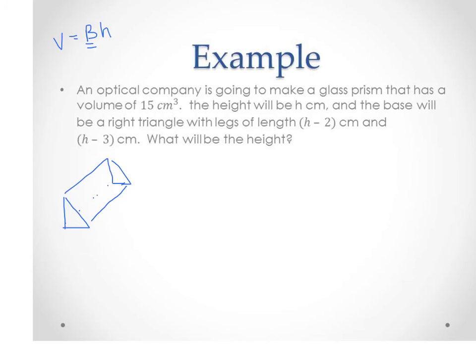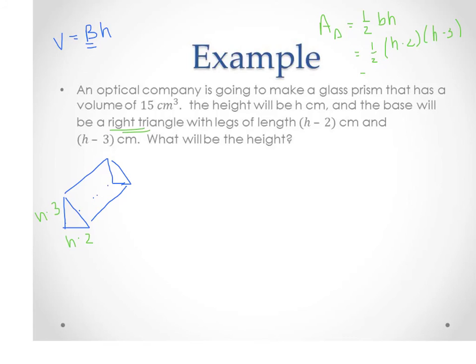So the base area is just going to be the area of a triangle. Well, the area of a triangle, 1/2 base times height. So we're looking at 1/2 times the base. Let's call the base h minus 2, and let's call the height h minus 3. Because if it's giving us the two legs, it's given us a base and a height because it's a right triangle.